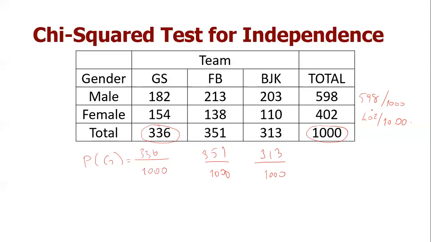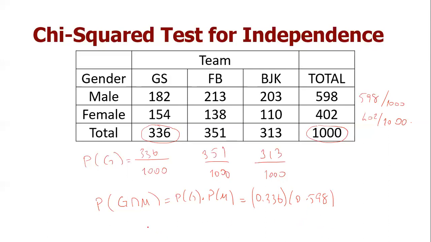Now, once you have calculated this, what is the probability that you have a Galatasaray fan who is male? This is equal to the probability of G times the probability of M, which is 0.336 times 0.598. So this is the probability that you have a male who is a fan of Galatasaray.